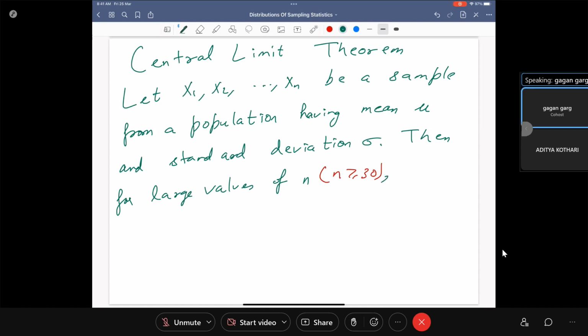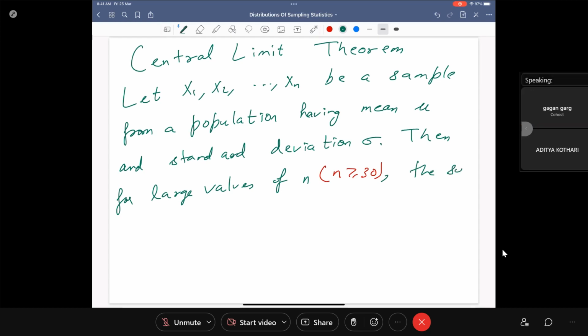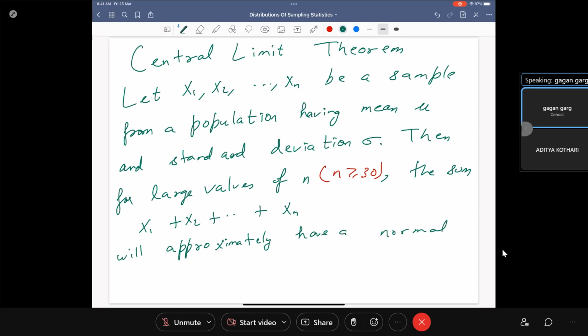Then for large values of n, the sum x1 plus x2 plus ... plus xn will approximately have a normal distribution with mean n mu and standard deviation sigma into root n.